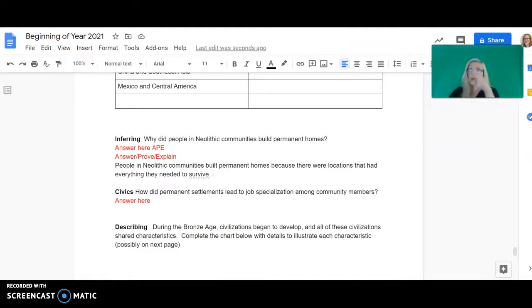First we have our answer, now we need evidence. Our evidence is, what did they need to survive? I want you to find the evidence that shows that the one location had everything they needed to survive, and I want you to write it on the next area. So I'll get you started.